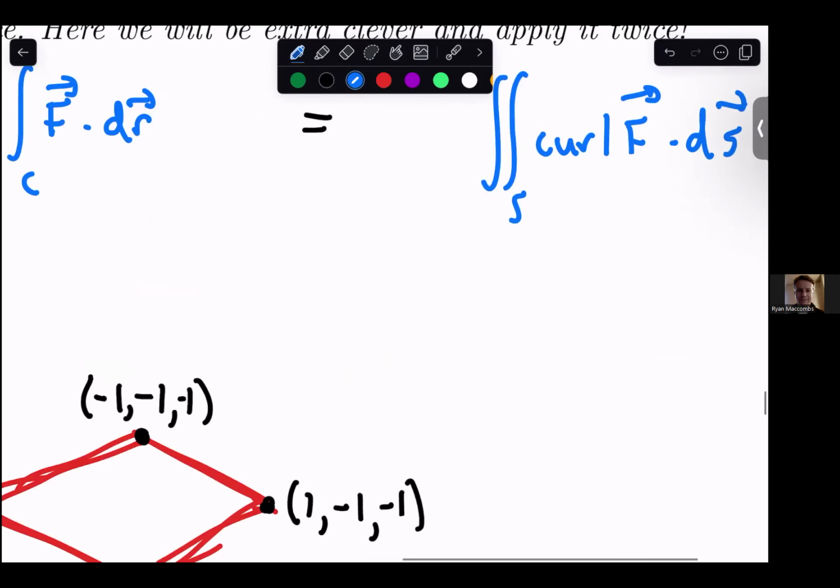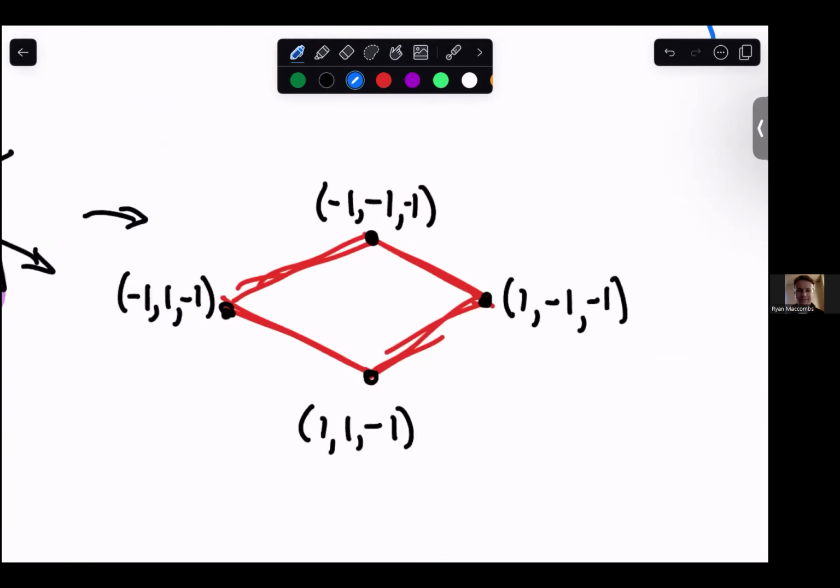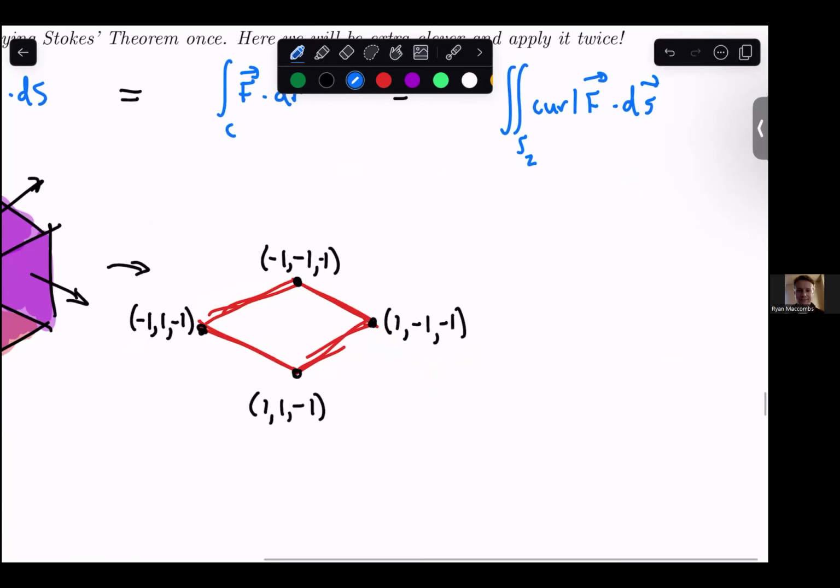Maybe I'll call this S2. And I think a much more natural surface to append to this curve, and let me copy and paste this curve, is if I was to just shade it in. We've seen this several times now, that the most natural surface that you could attach to this is if you were to just shade all of this in.